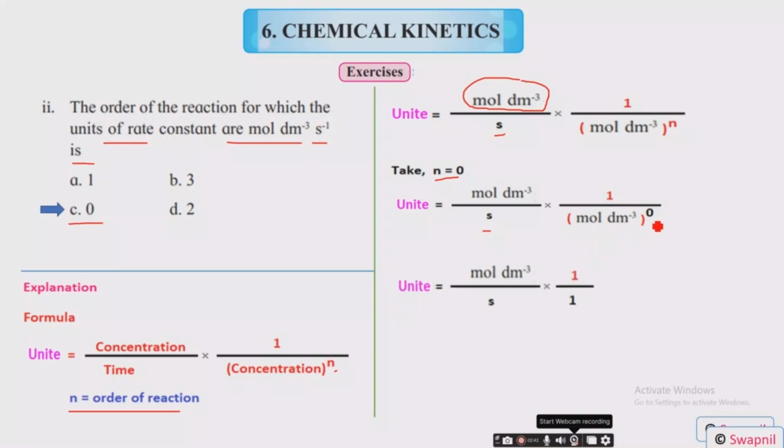All of you know that anything raised to 0 is nothing but 1. So unit is equal to mole per dm cube divided by second into 1 divided by 1, that is mole per dm cube per second. So the correct option is option C, that is 0 order reaction. We have rate constant unit is mole per dm cube per second.